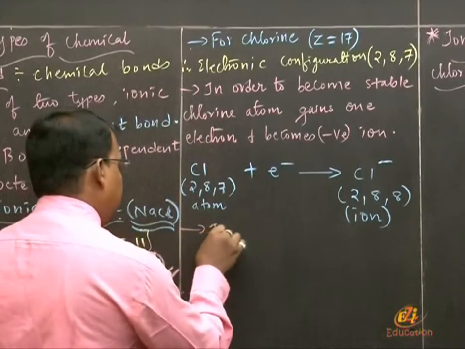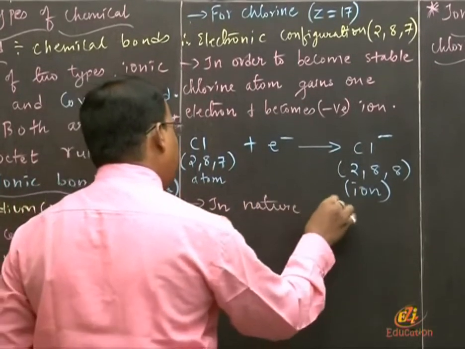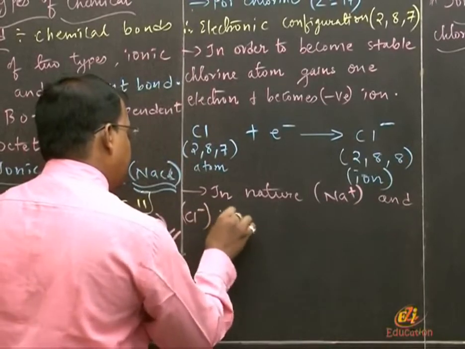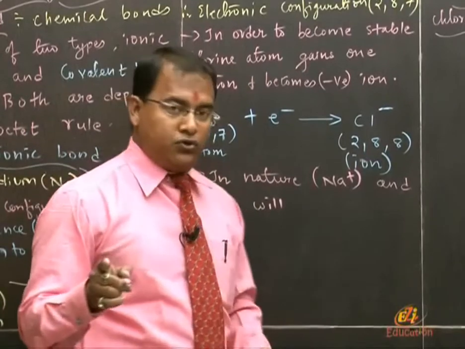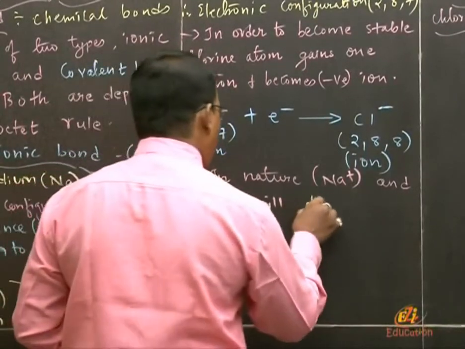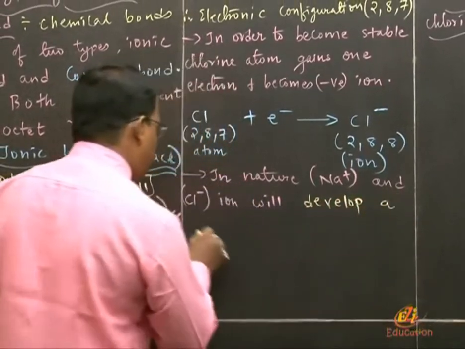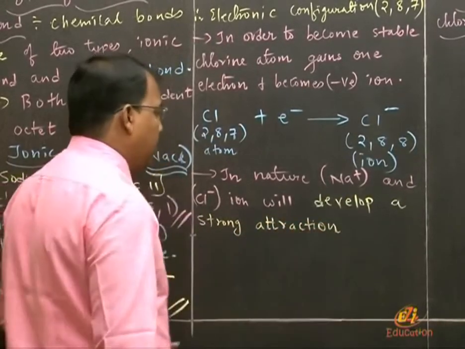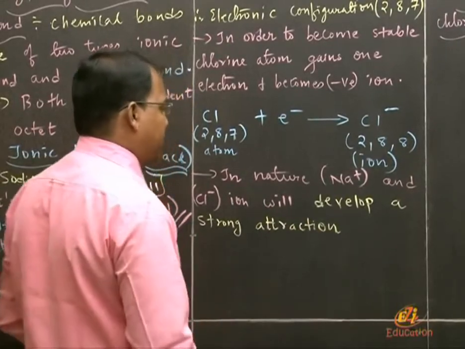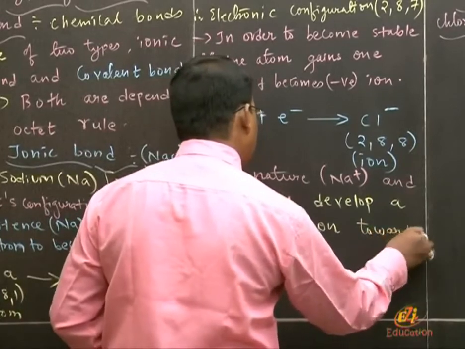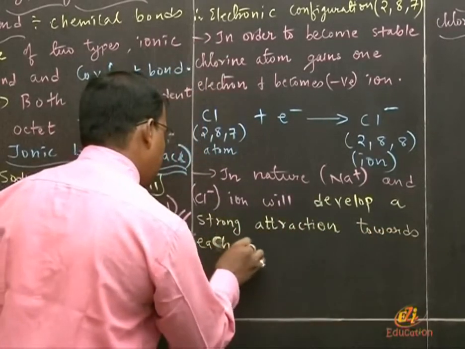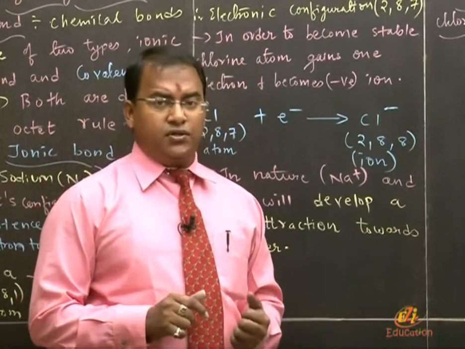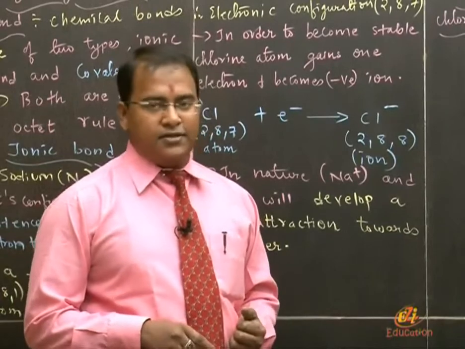So in nature, Na positive ion and the Cl negative ion will develop a strong attractive force, a strong attraction towards each other, and we get a compound NaCl.